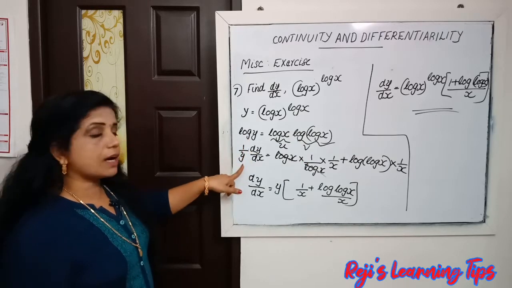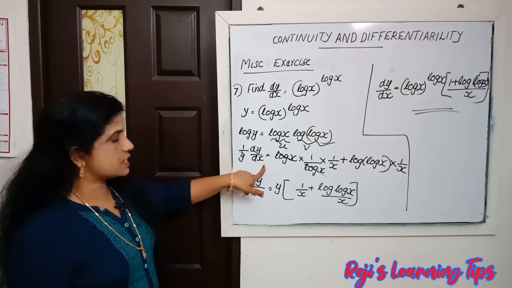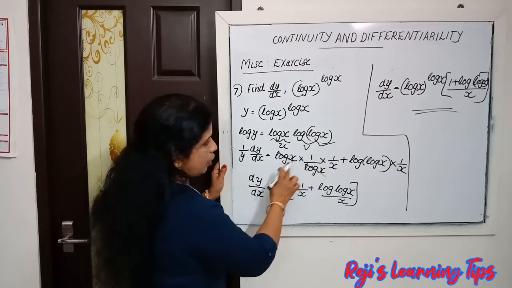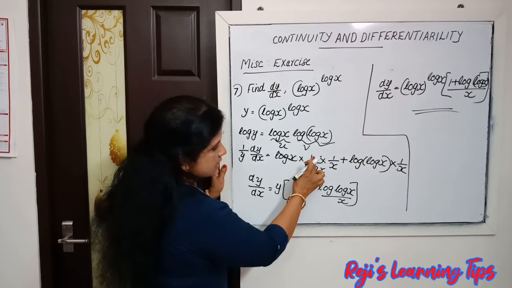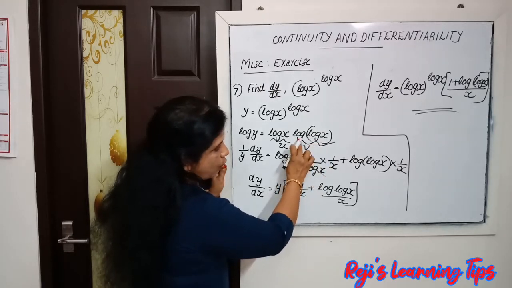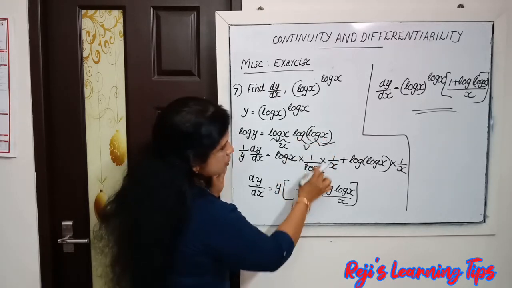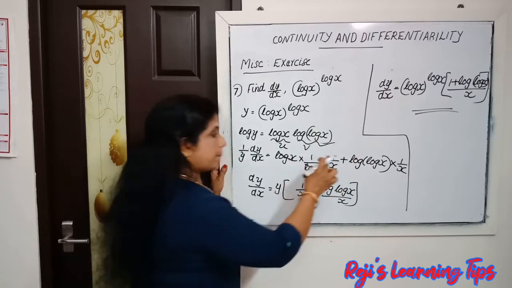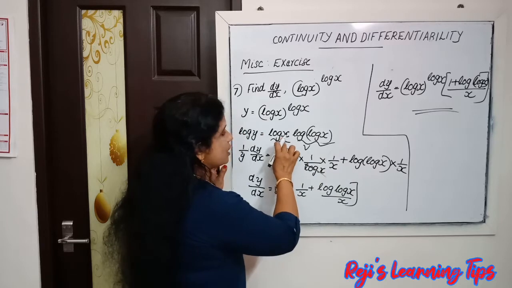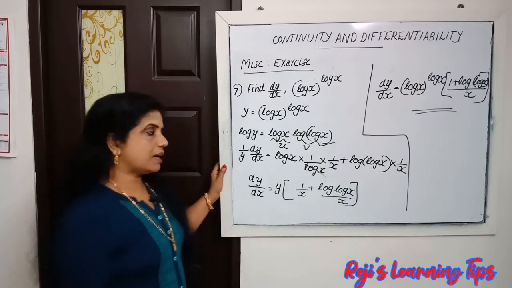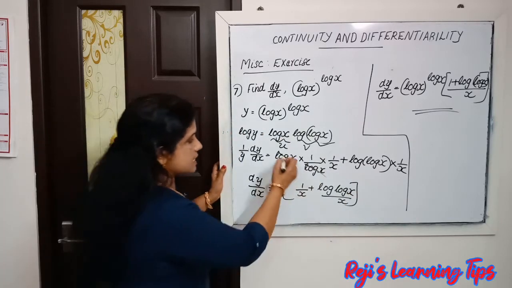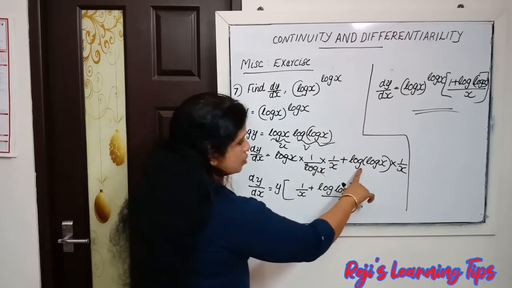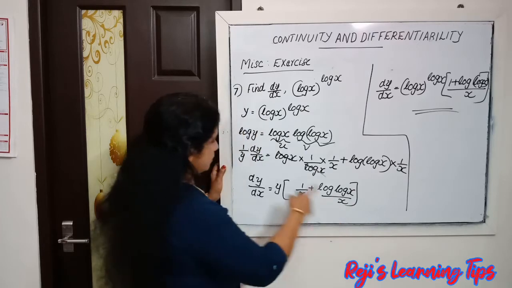Then 1 by y into dy by dx is equal to u into derivative of v: log x into 1 by log x into derivative of log x, that is 1 by x, plus log of log x into derivative of log x, that is 1 by x. Then we can cancel this log x and log x. Then we will get only 1 by x plus log of log x by x.